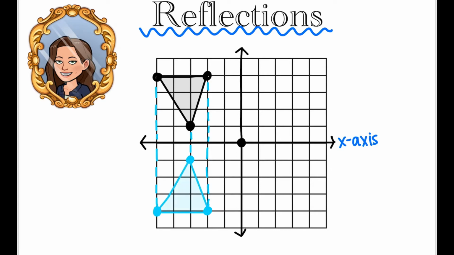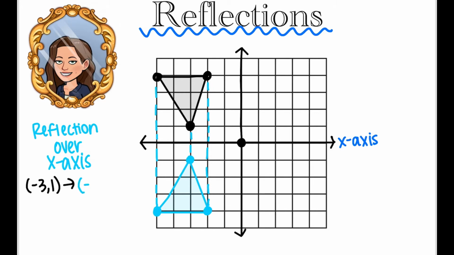So let's look at what our rule would be for a reflection over the x-axis. We started with the point (-3, 1), and that became the point (-3, -1). The point (-2, 4) became the point (-2, -4).